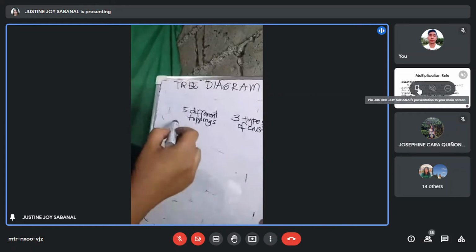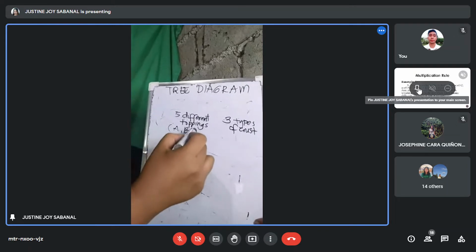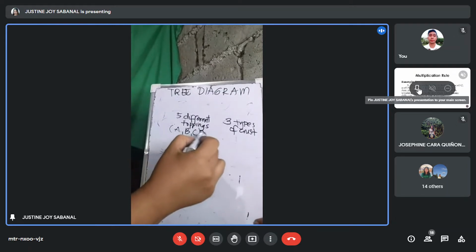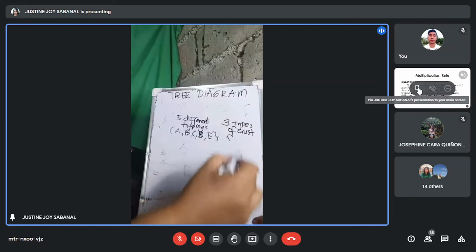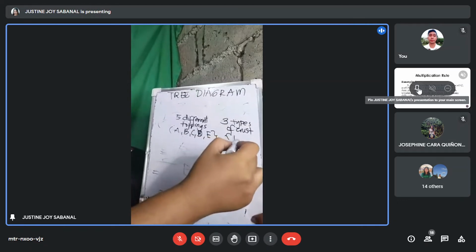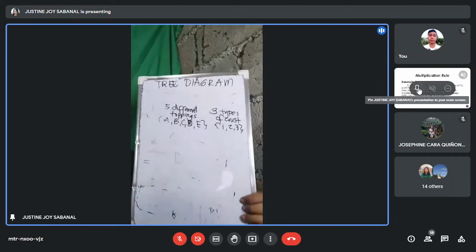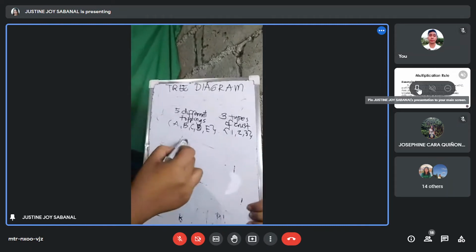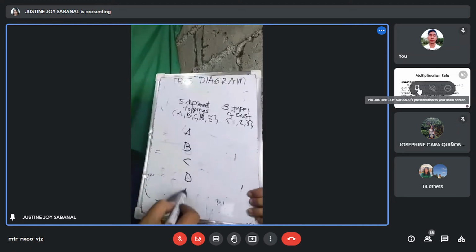So, identify lang natin to as A, B, C, D, and E. Tapos, ito naman po ay 1, 2, and 3. So, kung 3 diagram yung i-apply natin, so A, B, C, D, E.